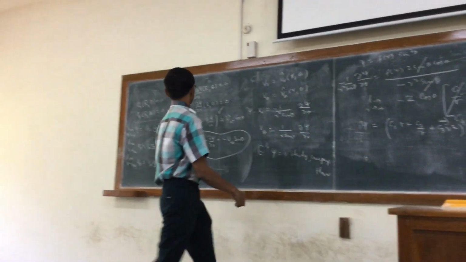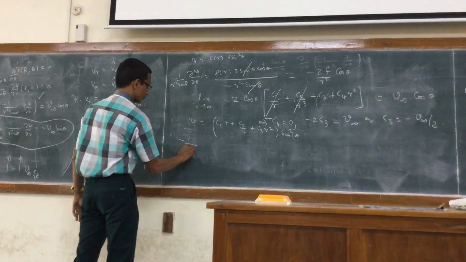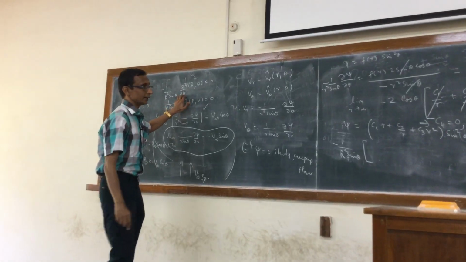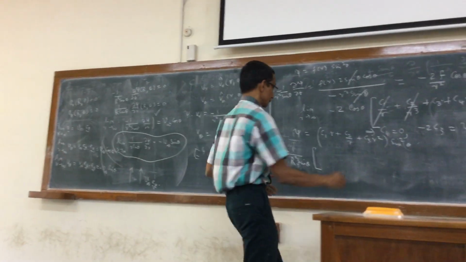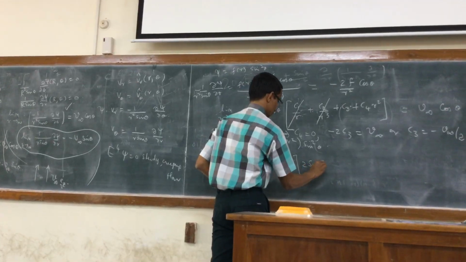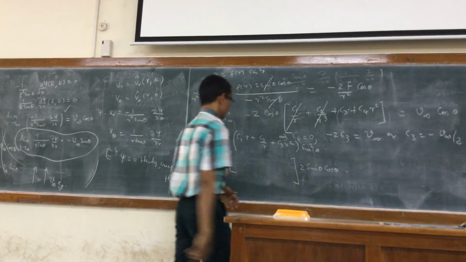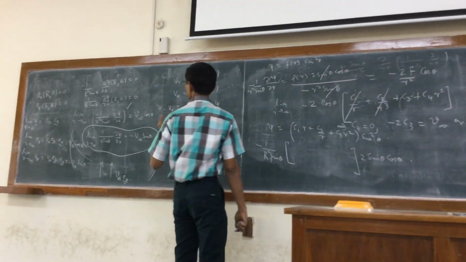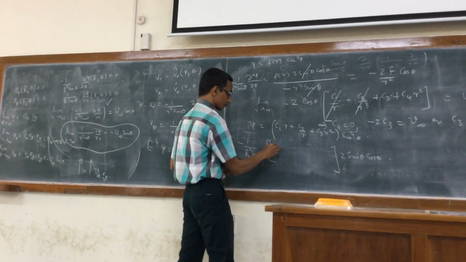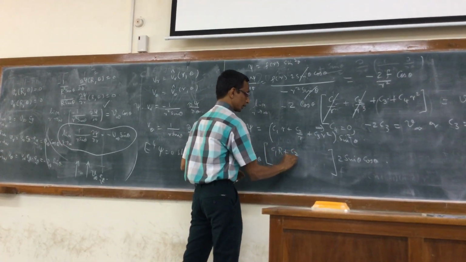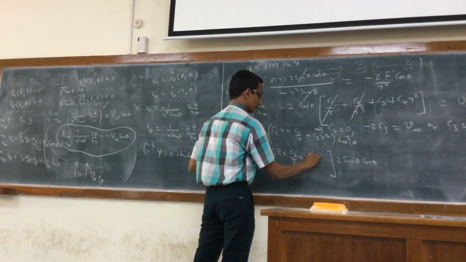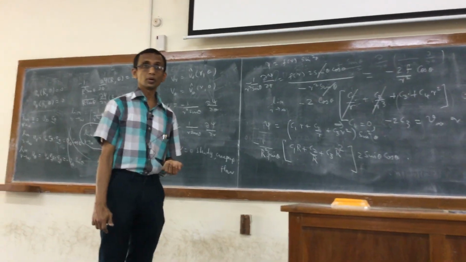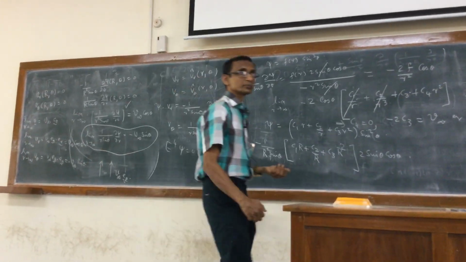So let's apply the first condition. Minus 1 over r squared sine theta times d psi by d theta, that is 2 sine theta cos theta times C1 R plus C2 by R plus C3 R square, evaluated at capital R, is equal to 0, right?